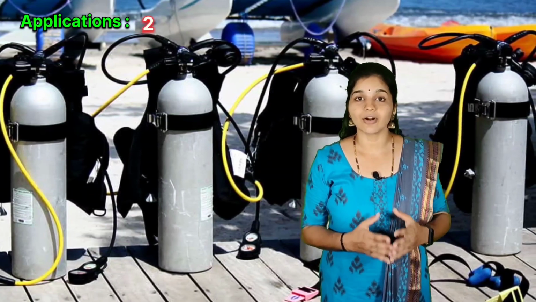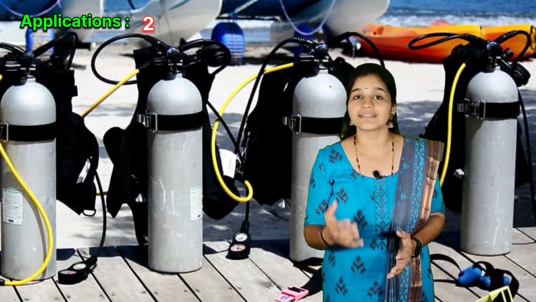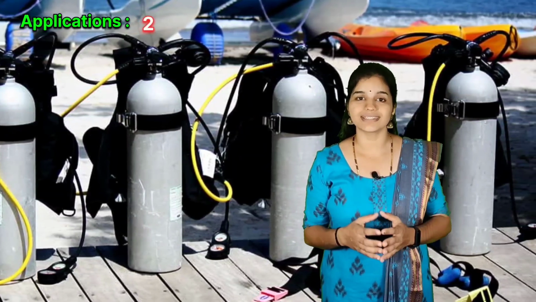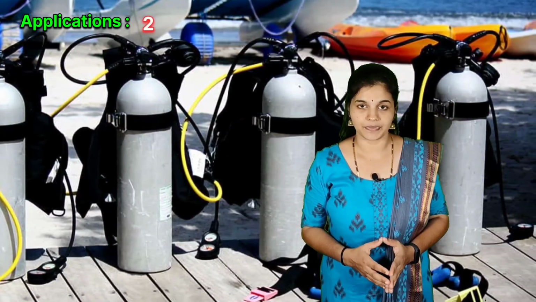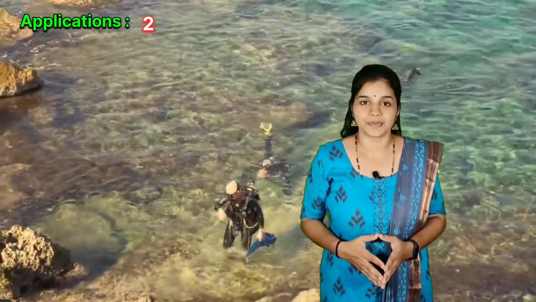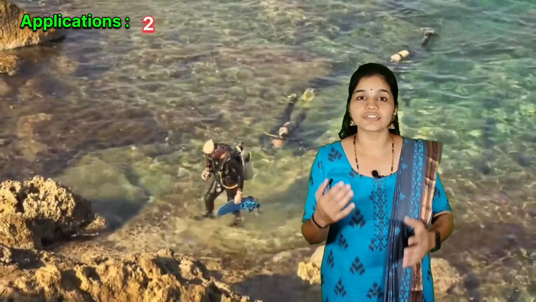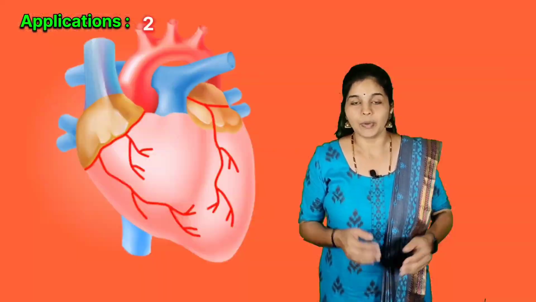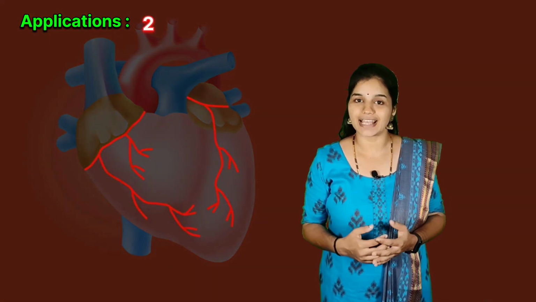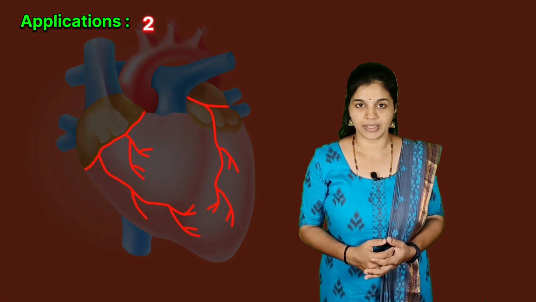Many gases like oxygen and nitrogen which are present in air will be dissolved in blood due to this high pressure that is present. When these scuba divers come to the surface, what happens is that the pressure will slowly decrease. When the pressure decreases, solubility of dissolved gases will also decrease.